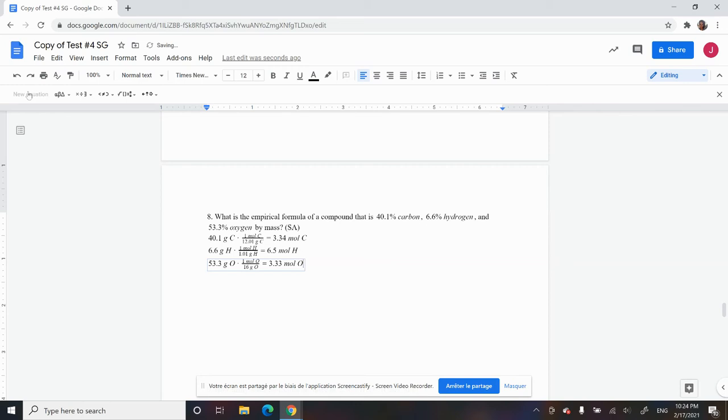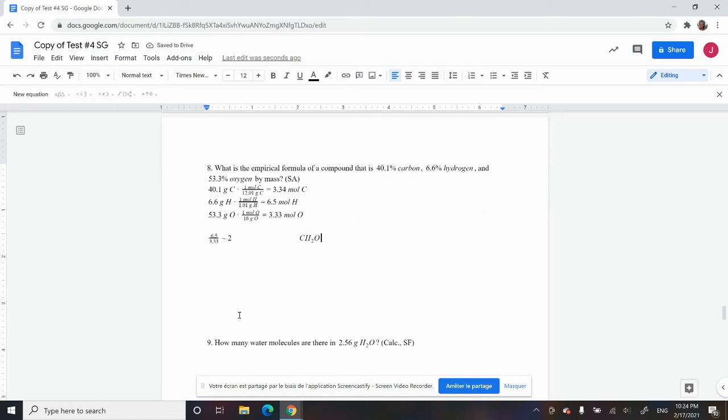Right, so right away I see that my carbon and my oxygen are approximately equal, so it's just a matter of figuring out the ratio of hydrogen to carbon and oxygen. So 6.5 over 3.33, that is approximately 2. So this is CH2O for the empirical formula. I wasn't given any other information, so I don't need to solve for molecular formula.